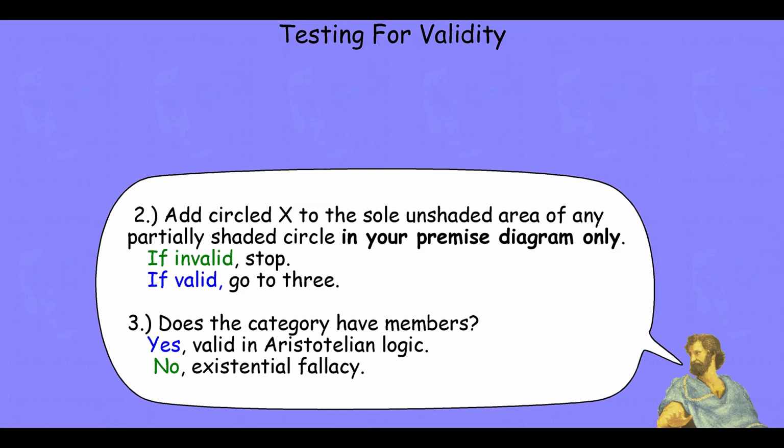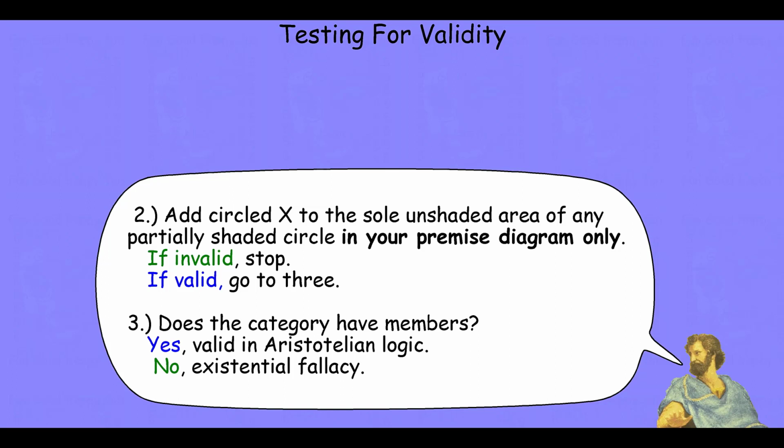Now you might be wondering, why do I need to put circled X's only in classes where 3 of the 4 areas are shaded? The answer to that is actually pretty straightforward. Only if you can put an X in a single area and not on a line does it have the potential to make an argument valid. Whenever you put an X on a line, there's at least 2 ways for that X to make that premise true.